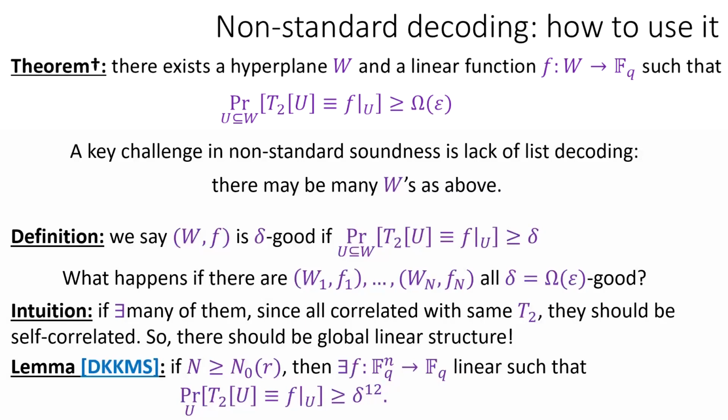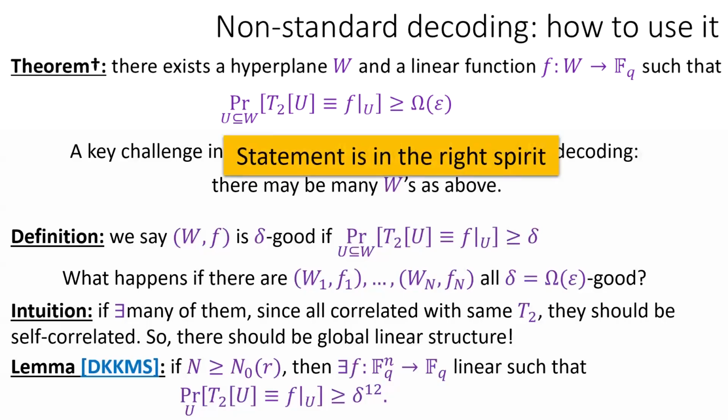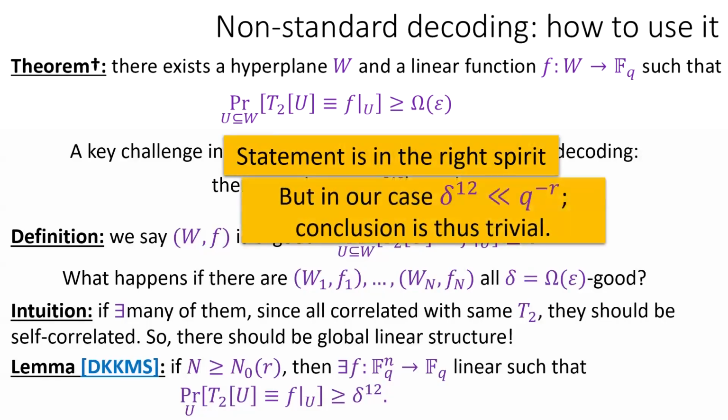It's delta to the 12 and not delta. And in that context, it was nice and we were happy. But in our case, it's unsatisfactory because our delta is on the verge of triviality. It's just slightly higher than Q2 minus R. And delta to the 12 is way beyond triviality. So we cannot afford that.